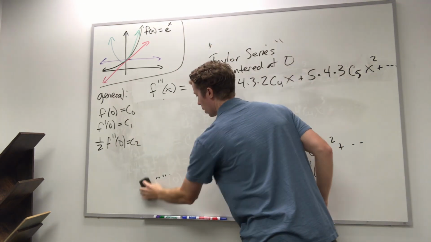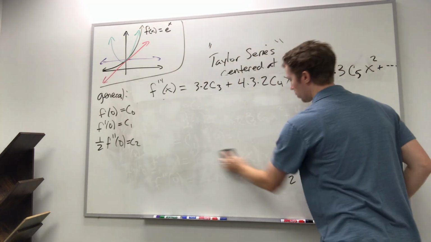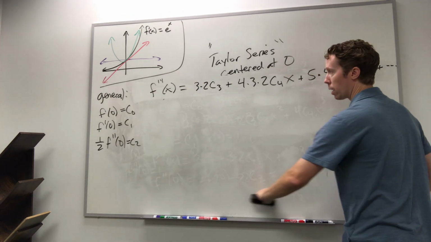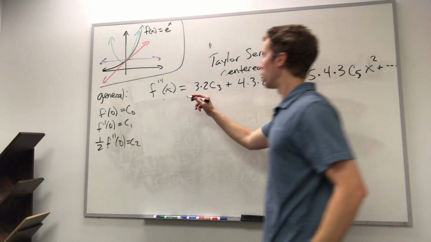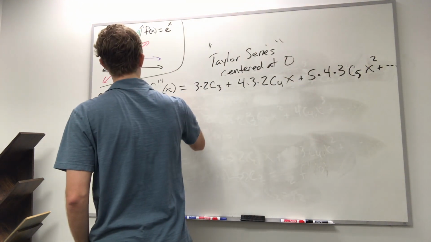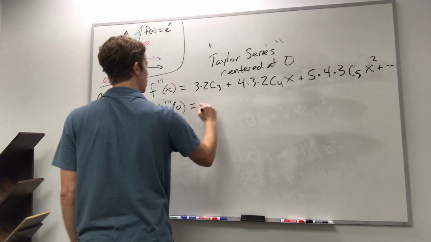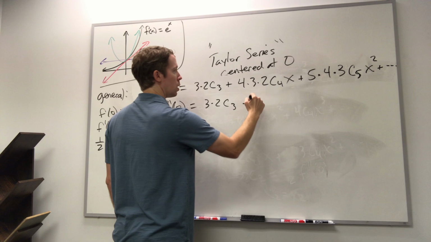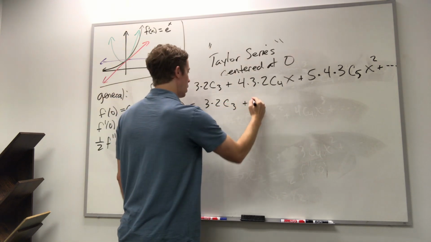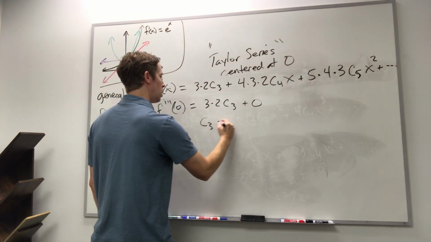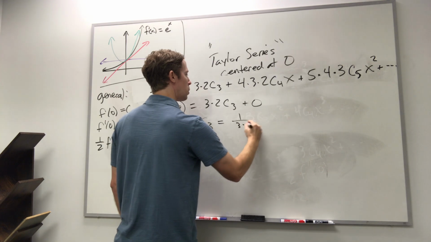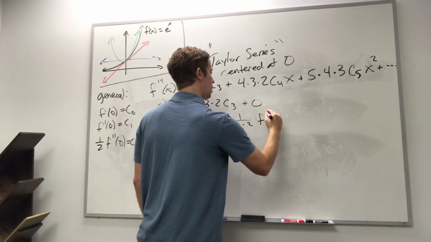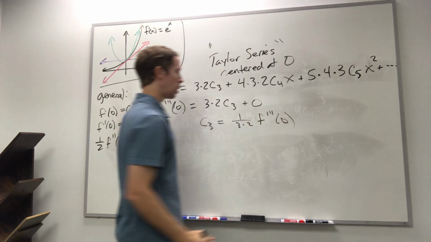So now I want to find C3. You can see how to do that. I'm going to plug in x equals 0 here. All of those terms go to 0. So C3 is 1 over 3 times 2 times the third derivative evaluated at 0.